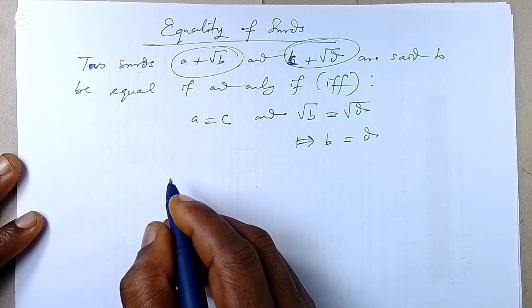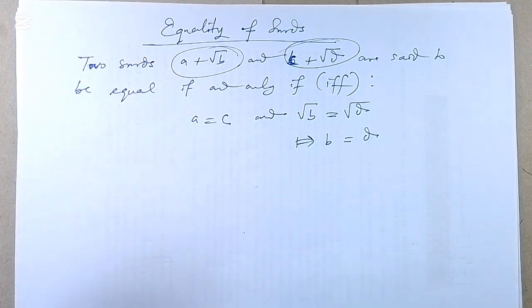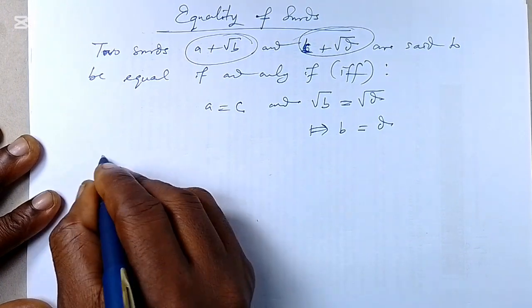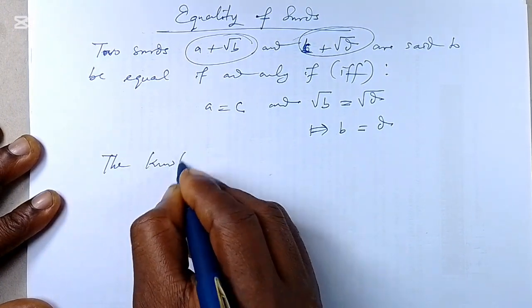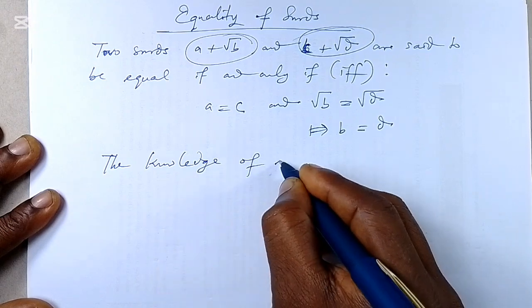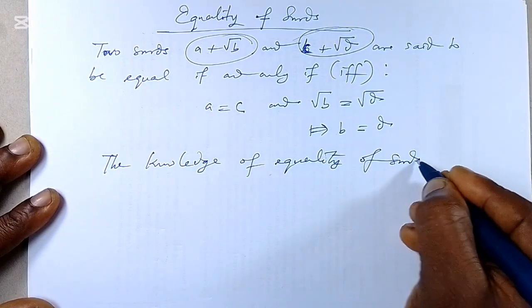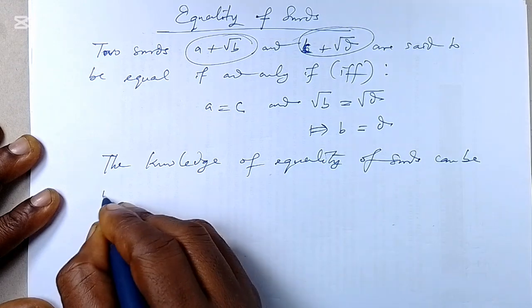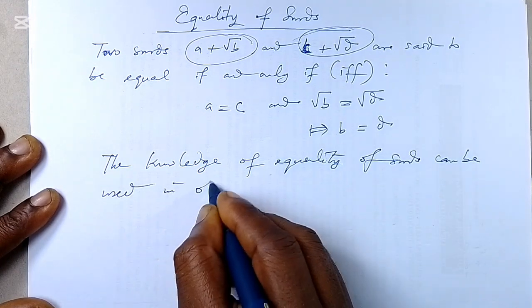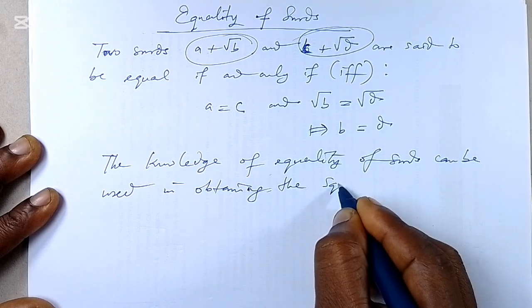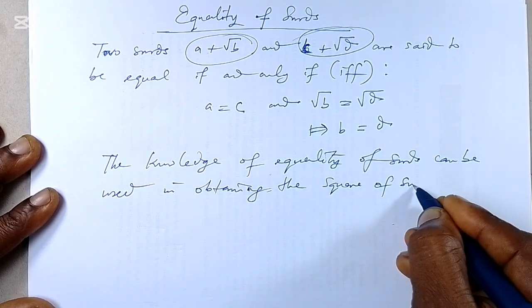Now, the next thing I want to tell you in this video is this. Where do you need to apply the knowledge of equality of surds? I'm going to put it here as my remark. The knowledge of equality of surds can be used in obtaining the square root of surds.